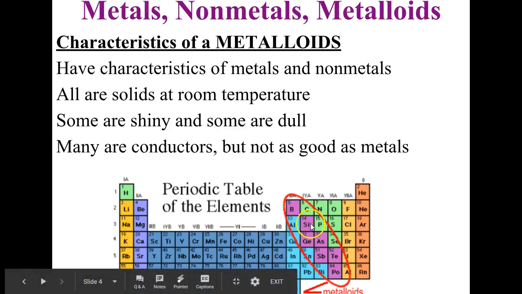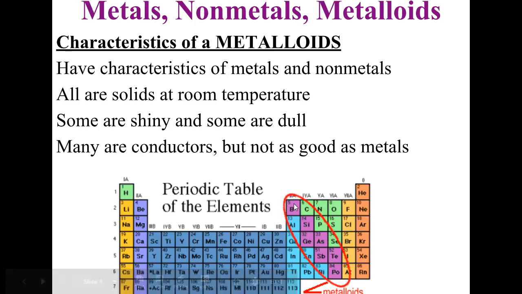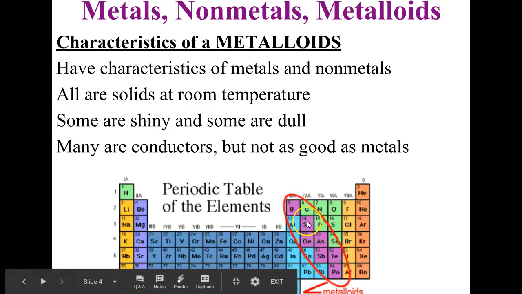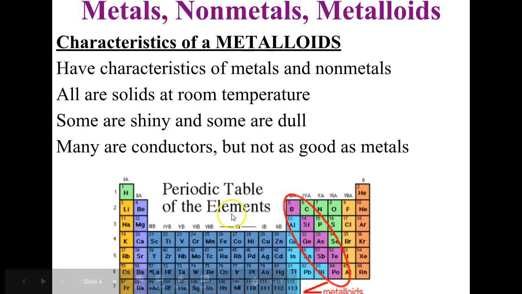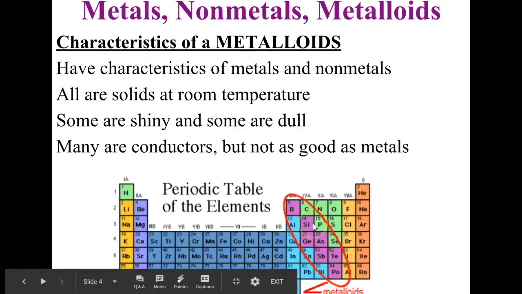So silicone is one of the metalloids that's inside your smartphone right now that you are using to browse on the internet. You have a lot of silicone in there because it's a good conductor of electricity, but at high temperatures.